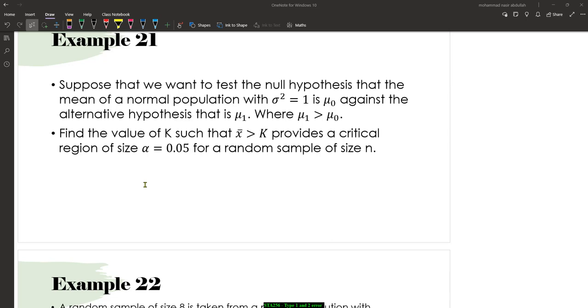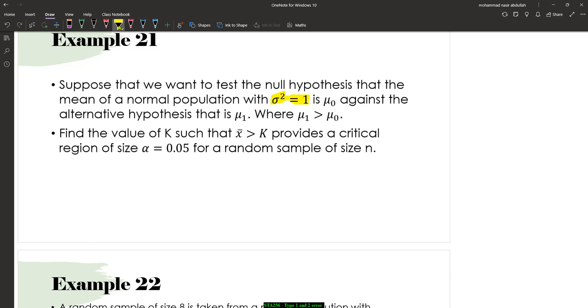Example number 21, and then kita akan jump sikit lah. Okay. Suppose that we want to test the null hypothesis that the mean of a normal population with sigma equal to 1, right?